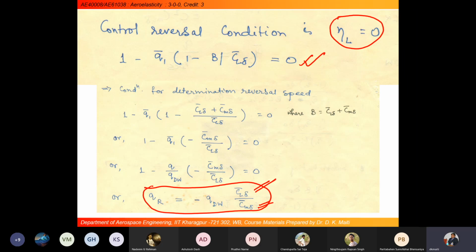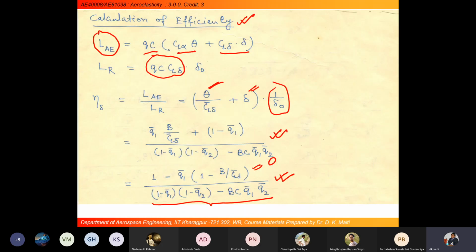With that we could get two different equilibrium equations, and solving those two equations we calculated theta and the value of delta. After substituting the values of theta and delta, we calculated the aeroelastic lift due to both flexibility of the wing and also the control surface.